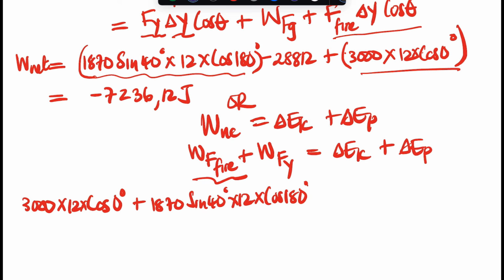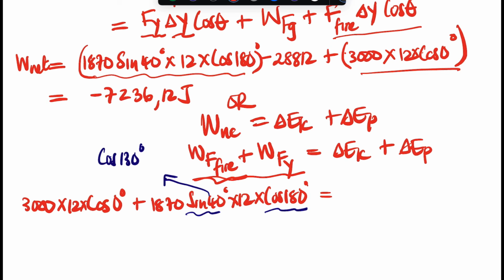Here you can simply say, instead of sine 40 times cos 180, you can just say cos 130. Okay, let's leave it like that. I'm done with this part.